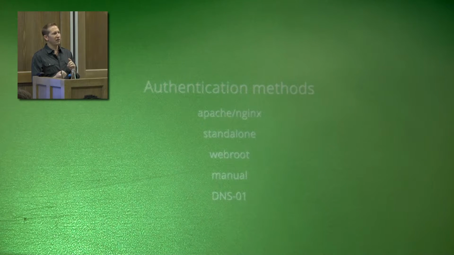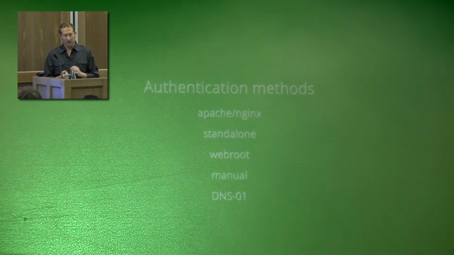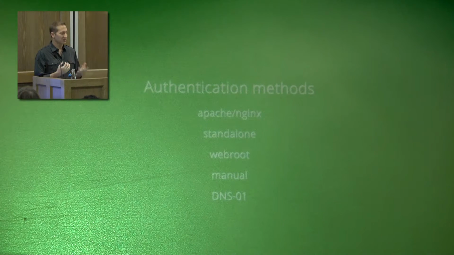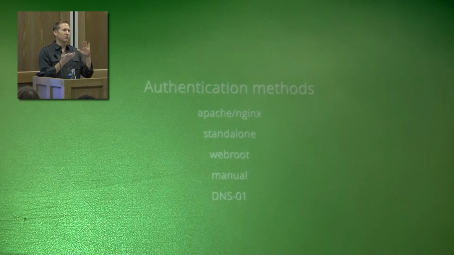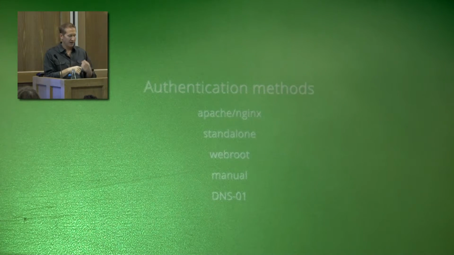You can authenticate via a built-in Apache or Nginx plugin. You can use a file in your web root that it looks for. You can do it manually. There's a standalone method where you have to temporarily bring down your web server. It will then spawn its own, authenticate, then quit, and then you can bring yours back up.